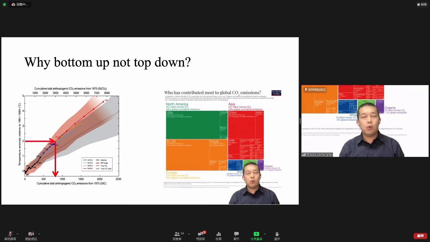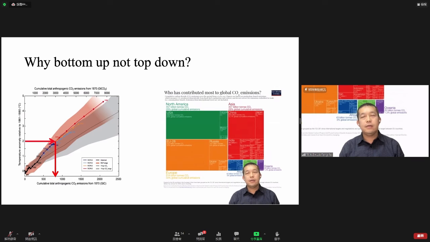For the 2 degree target, we have about 1,400 gigatons of carbon dioxide as carbon budget. But for the 1.5 degree target, we only have about 500 gigatons of carbon budget.